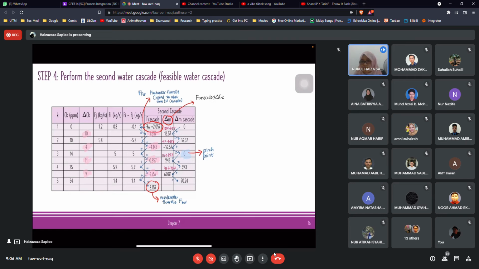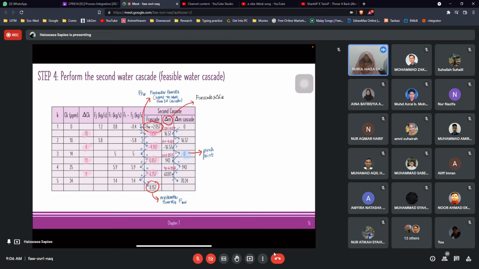So this 8.157. And after that, you have to calculate your delta M again, which is, remember, delta M equals F cascade times CK, delta CK. So it will be this pink that I highlighted, you multiply, and then you get your delta M. Then you do your delta M cascade. So same as how we did the pinch for heat, you get the same thing. You get a pinch point, which is a 0 point.